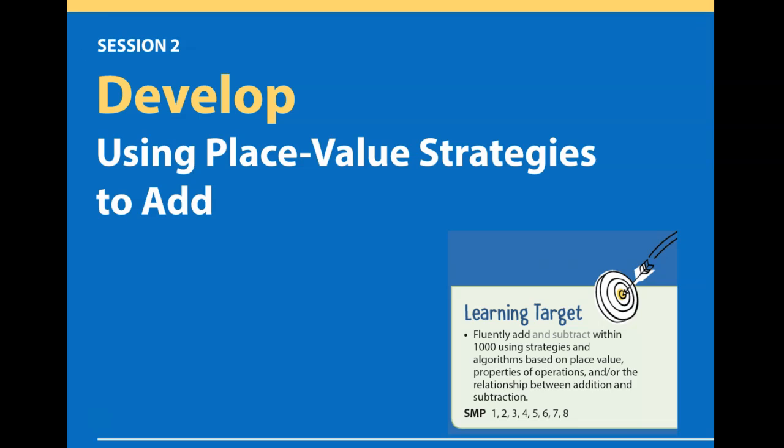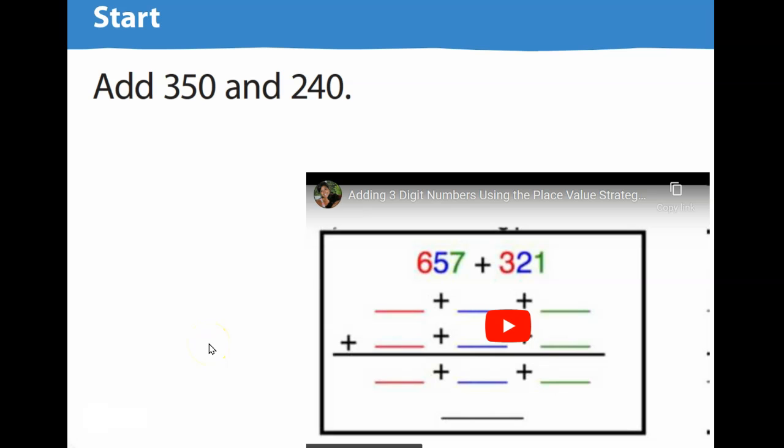Okay, now we're going to do session 2. It says using place value strategies to add. Obviously, we needed to know what's the ones, tens, and hundreds place, right? Let's add this. It says 350 and 240. All right. When we're adding, does it matter what number goes to the top or bottom?